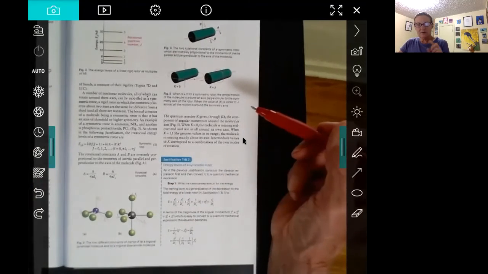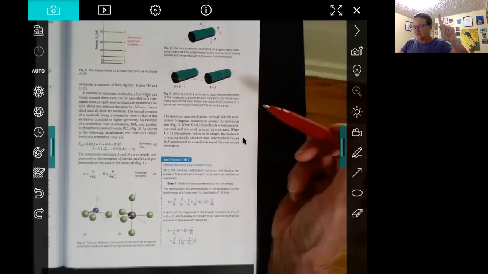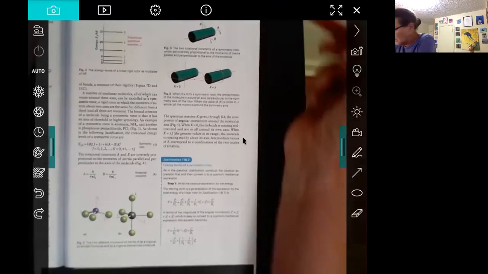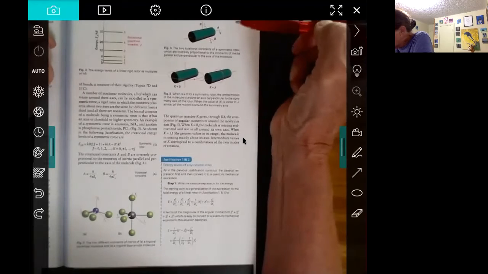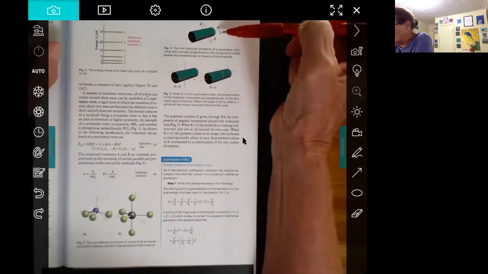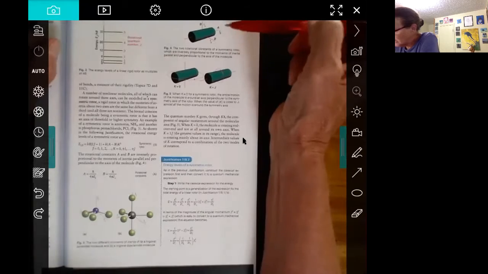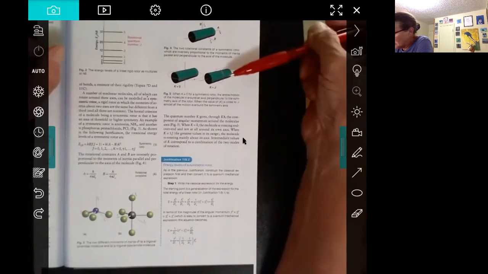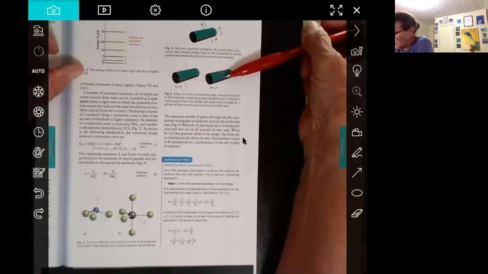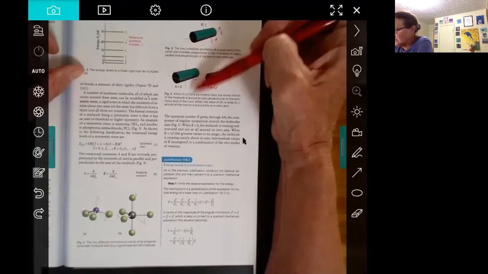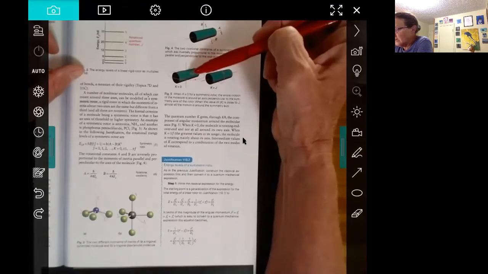So we're talking about molecules where two axes of rotation have the same moment of inertia and one has a different one. So when we look up at the top here, it's showing us what our axis of rotation is for each, and then what the moment of inertia is. So it can rotate about one axis, and then it can rotate in two different directions about other axes.